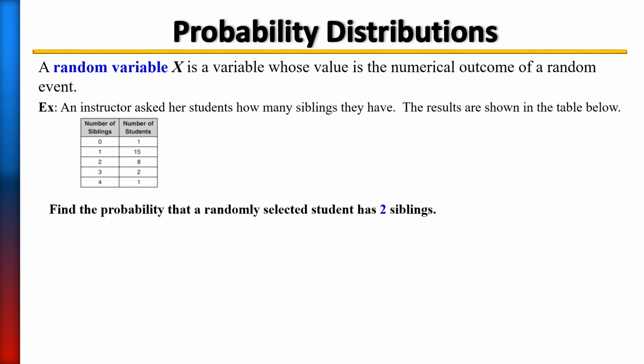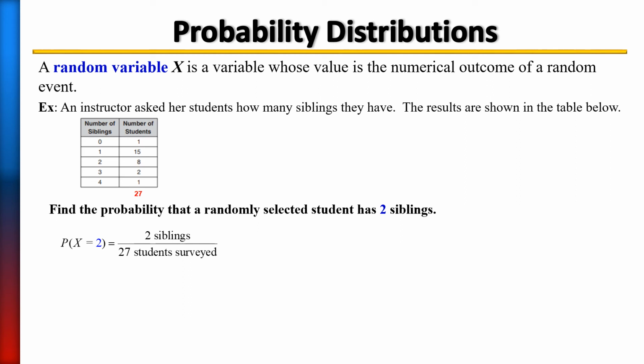There was a total of 27 students surveyed. So the probability then that a randomly selected student will have 2 siblings out of the 27 that are surveyed.